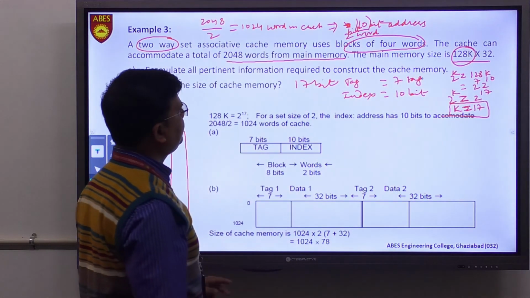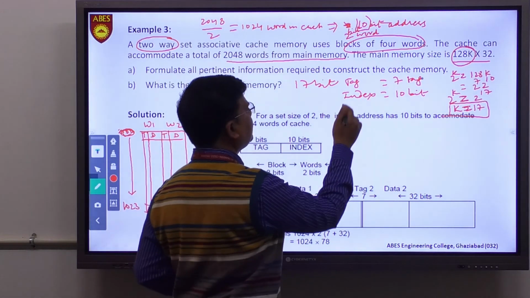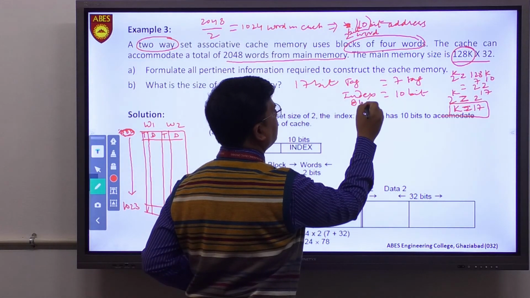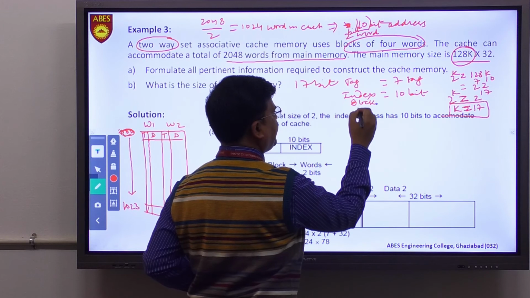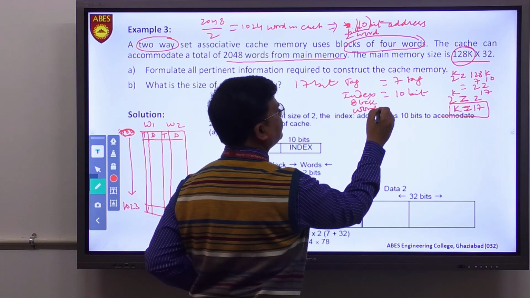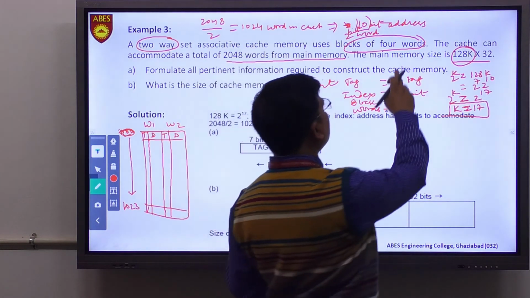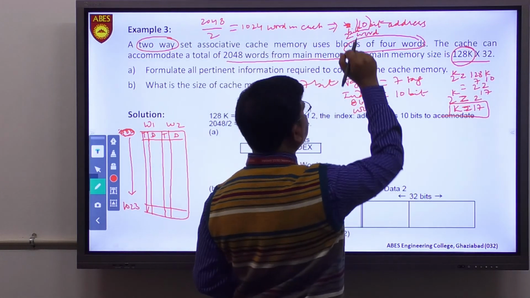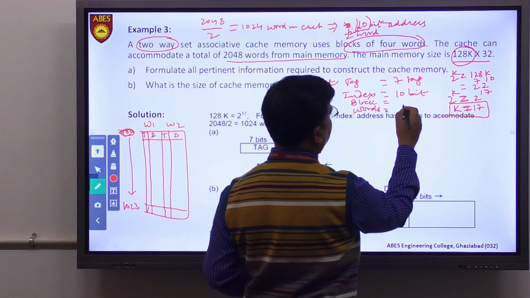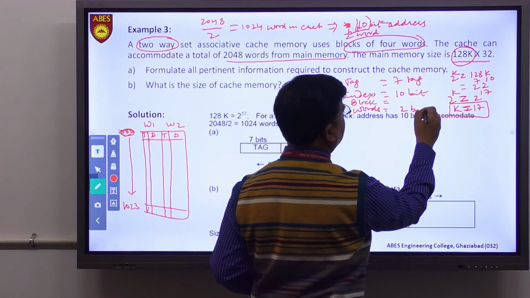Now further, this index is divided into block and words. Since there are 4 words in a block, we need 2 bits to address a word. The size of word will be 2 bits.